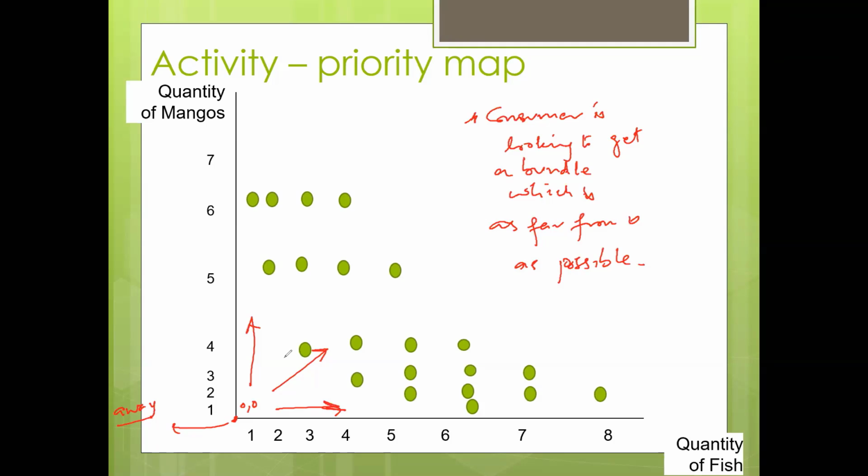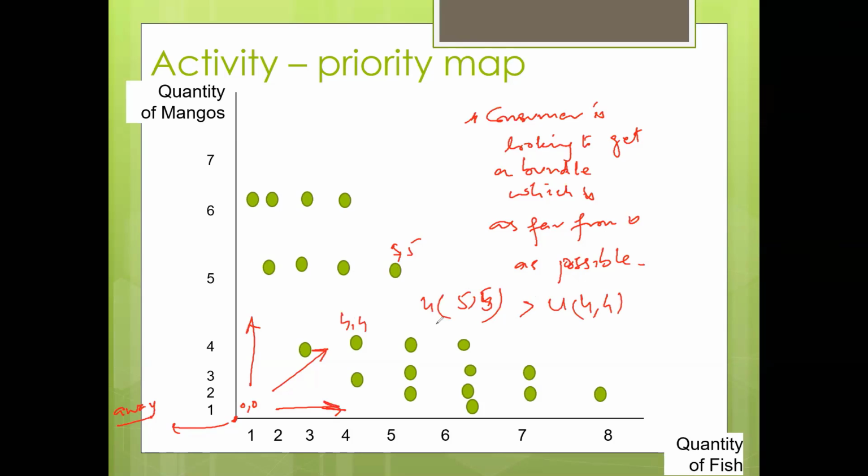The more away he is, the bigger bundle he will have. Suppose this bundle is 5 comma 5. This bundle is 4 comma 4. So this bundle has 8 items. This bundle has 10 items. So definitely utility from 5 comma 5 will be more than utility from 4 comma 4.